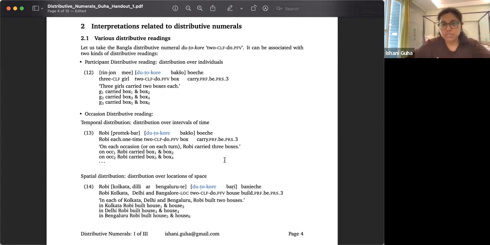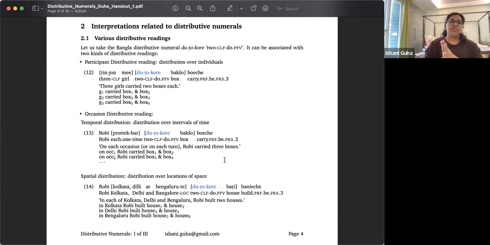So let's look at 12. তিন জন মেয়ে দুটো করে বাক্স বয়েছে. So 3 girls carried 2 boxes each. What this sentence says is that there is this group of 3 girls, right? Take each individual in that group of 3 girls, in that plurality, that is each girl, and assign 2 boxes to each girl, to that girl, right?